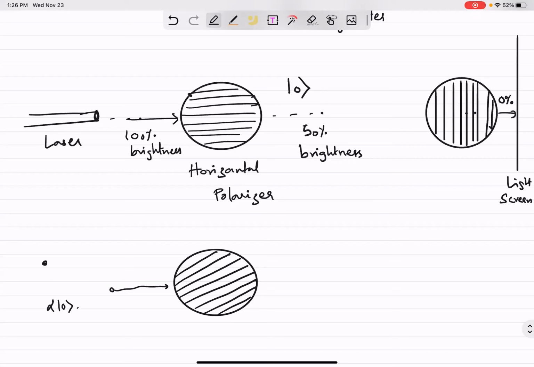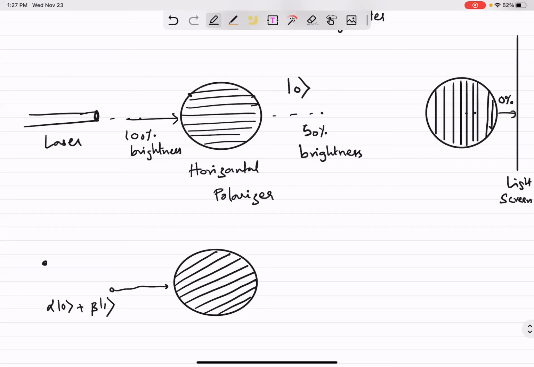Any guesses? It's like 50%, but basically it does what horizontal was doing for 0, but for plus. It's along this plus direction, so it moves everything to that direction.